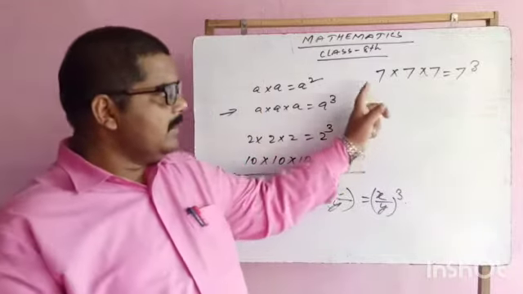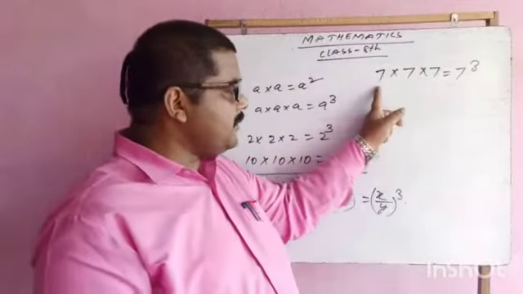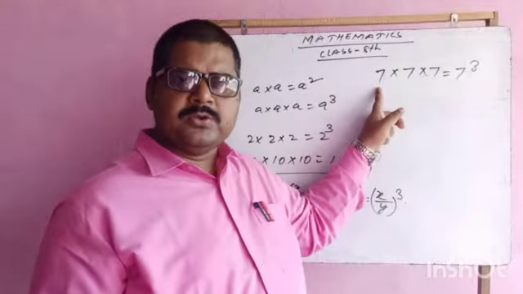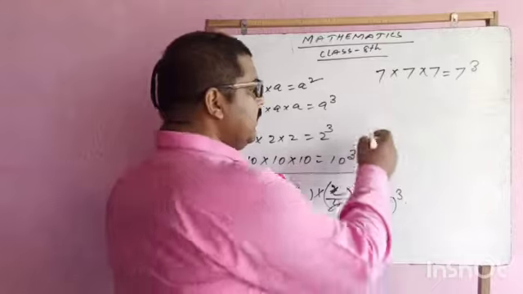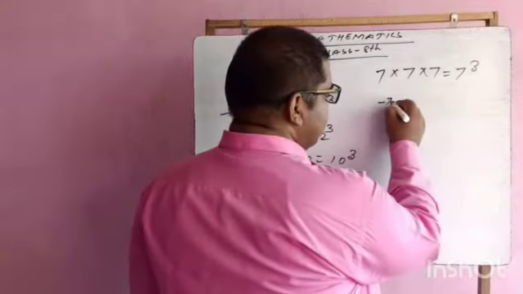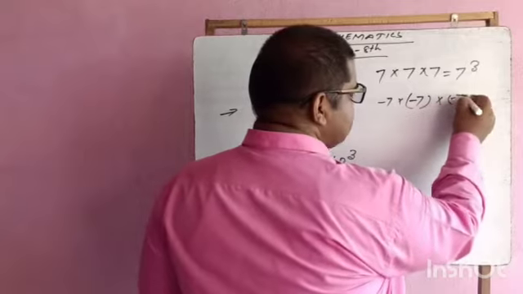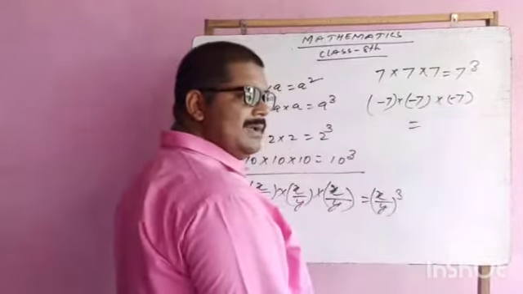For example, 7 multiplied 3 times. What is the sign of 7? The 7 I have used is positive. In the case of negative, if you multiply minus 7 with another minus 7 into minus 7, 3 times, what will be the result?